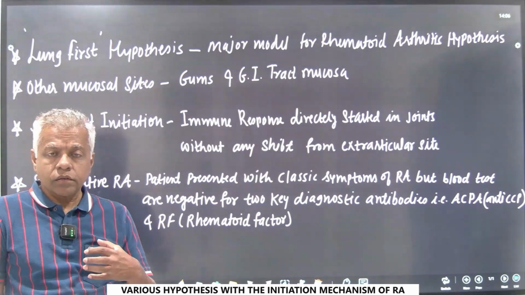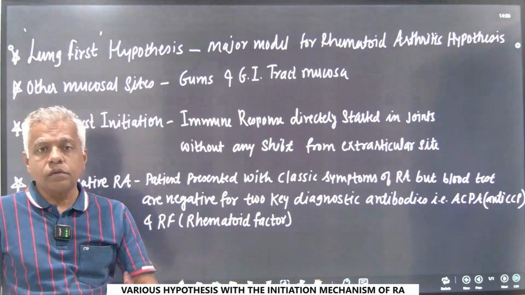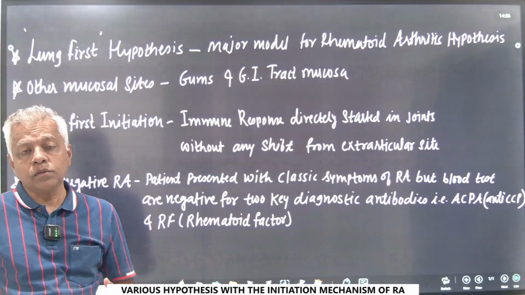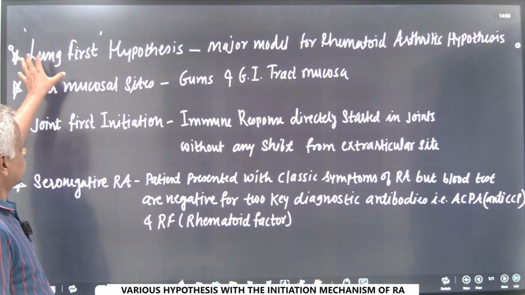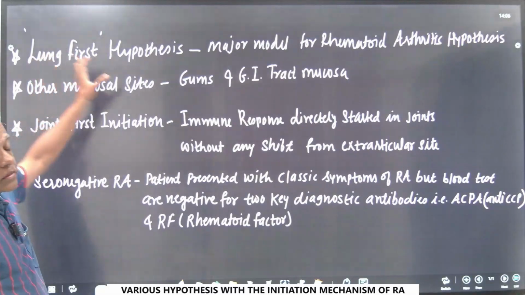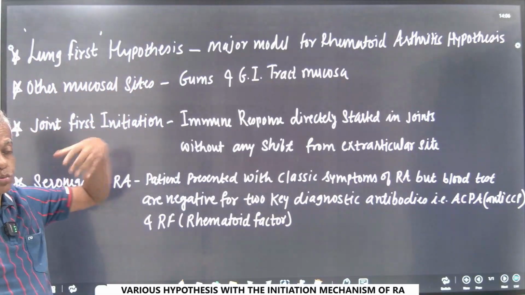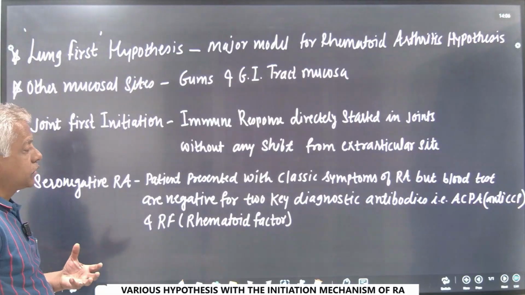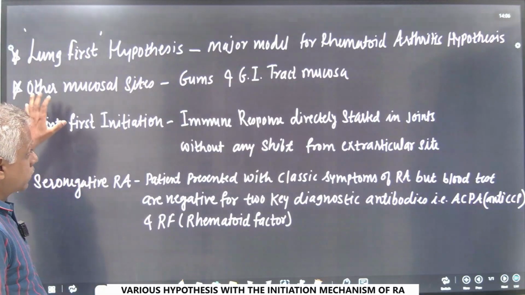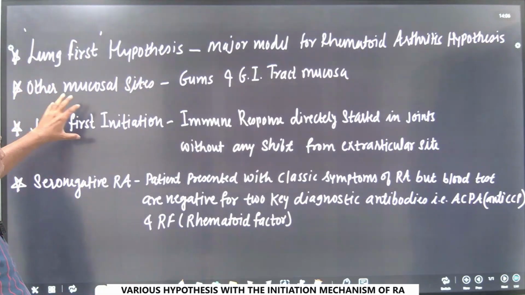Because there are certain other sites where this disease can start. So we have seen how this disease is started in the lung, and how smoking and the other etiological factors have caused this disease. But there are certain other sites also, we will see those things also.